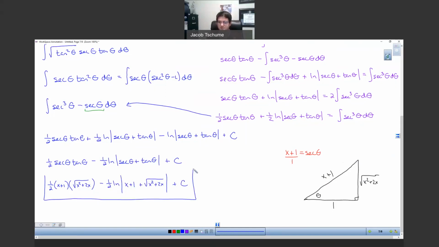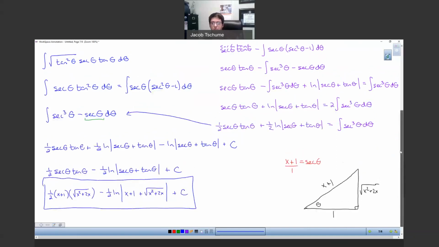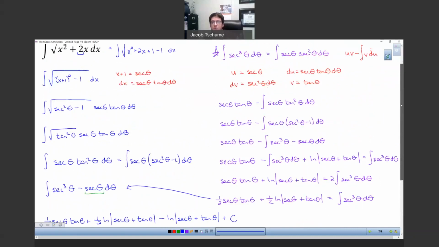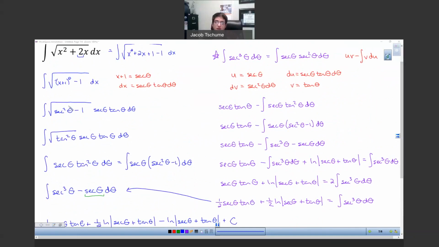None of that simplifies together, so therefore, after all that work, this is your final answer. And you see, when it doesn't fit one of the molds, it can be very difficult throughout the process. So kind of running through what all that was. We had to do a completing the square in order to get it in a form to do trig sub. When we performed our trig sub and simplified, we knew how to integrate one of the terms, and we did not know how to integrate the first one.